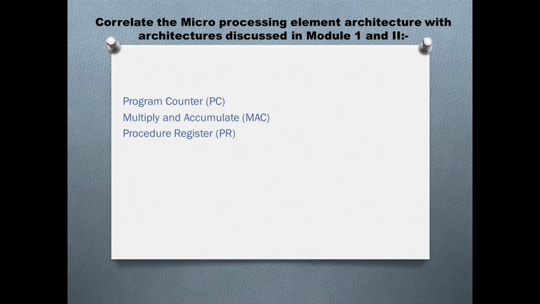So here we are now to correlate the microprocessing element architecture with the architectures discussed in modules 1 and 2. The MSP430 von Neumann architecture has one address space shared for special function registers, peripheral control registers, RAM, flash and ROM memory.